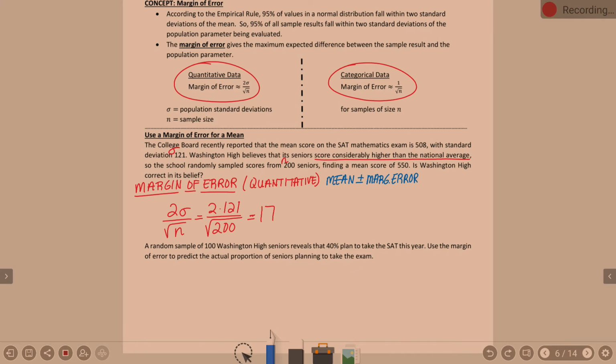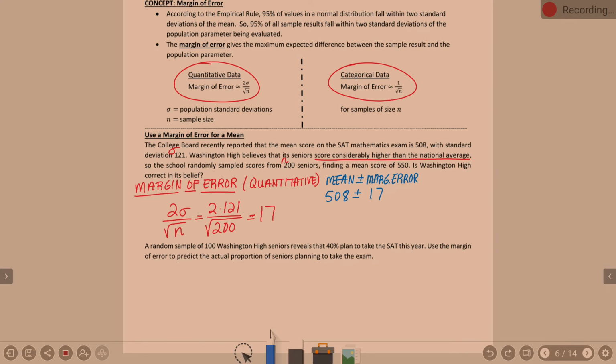So which mean am I using here? The 508. Okay, this is your mean. So we're going to use the 508 plus or minus the margin of error of 17. So what is that range then? In other words, what is 508 minus 17?